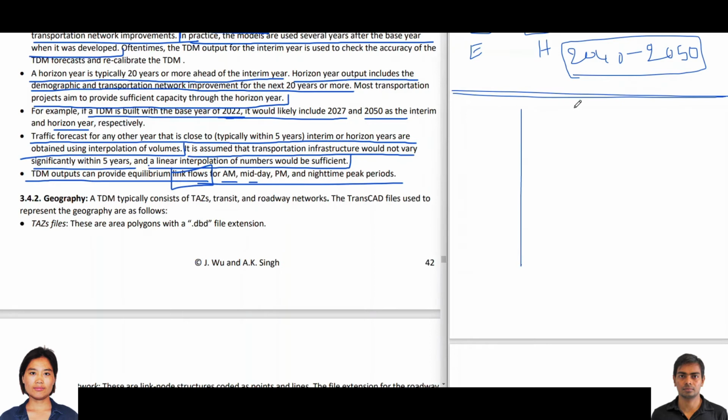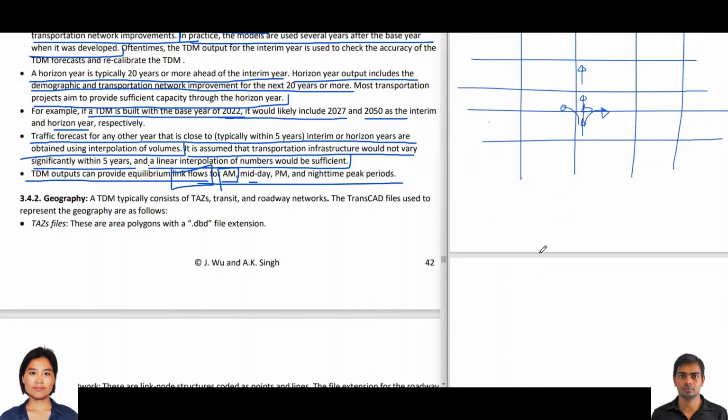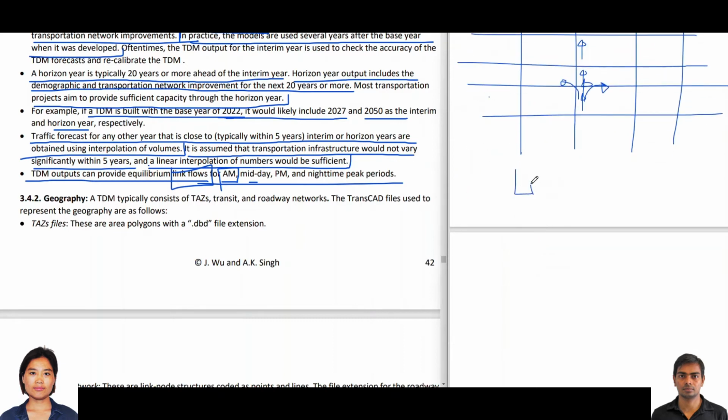So usually from travel demand models, what we get is directional link flows. A travel demand model, let's say we are looking at AM peak, will give us how many vehicles are going in this direction during AM peak, an estimate of the number of vehicles. But it does not tell us how many vehicles are turning left, how many vehicles are going through, how many vehicles are turning right. So what the travel demand model output gives is usually the link flows.